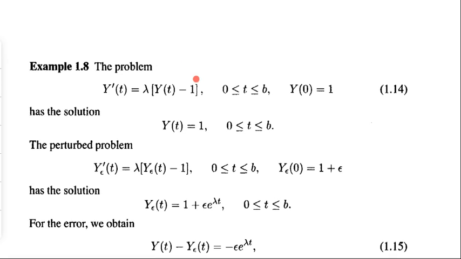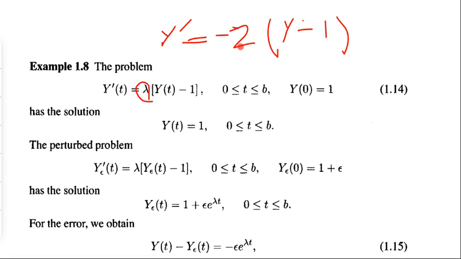In this problem, with this initial condition, our problem can be well conditioned or ill conditioned based on the values of lambda. For example, if we have y prime equals minus 2 y, here lambda is minus 2.